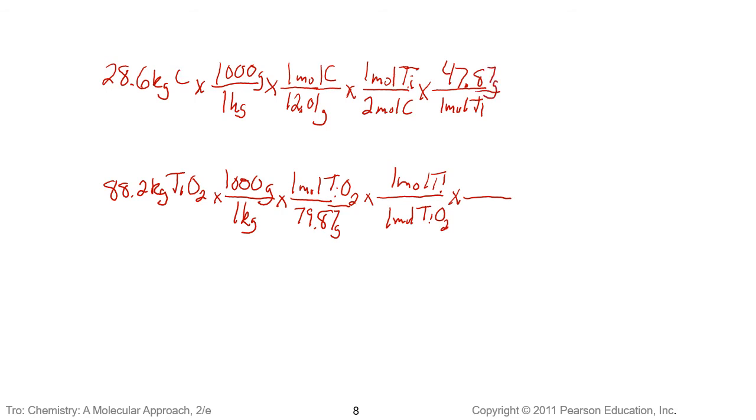And it's the same for both problems because we want to look at the same product so we can compare. All right, and now because our actual yield was given in kilograms, we're going to convert to kilograms.